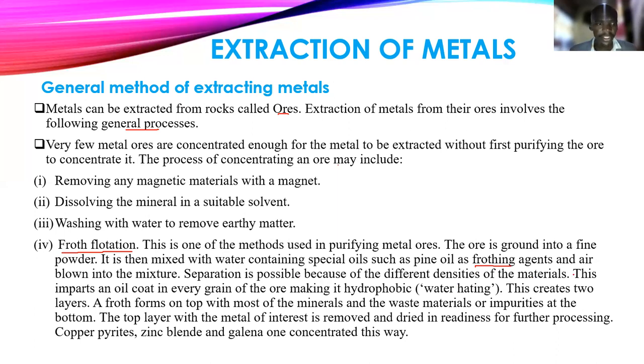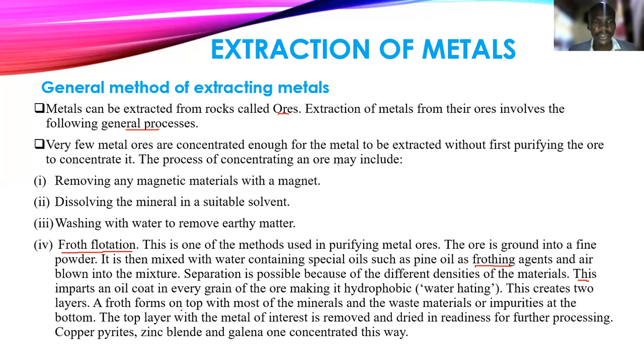Then we have this important oil that coats every grain of the ore, making it hydrophobic. So you realize that the oil will now coat the what? The grains of the ore, and now will make it to be water hating, to mean it will now be floating on water. This creates two layers.